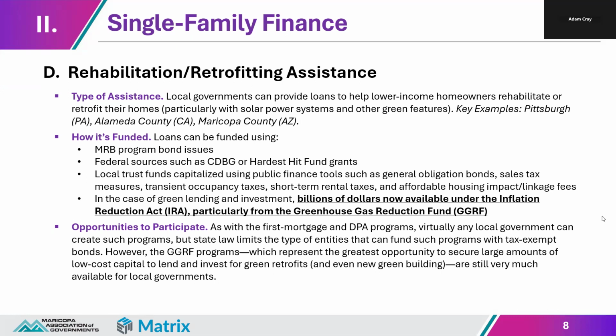So as I said, as with first mortgage and DPA programs, most local governments can create these kinds of programs, but state law limits the ability to finance these programs on a tax exempt basis. So really, the Greenhouse Gas Reduction Fund programs are your best bet. $27 billion under the GGRF alone to help finance at least green retrofitting of single family, and of course, as we'll talk about later, multifamily.